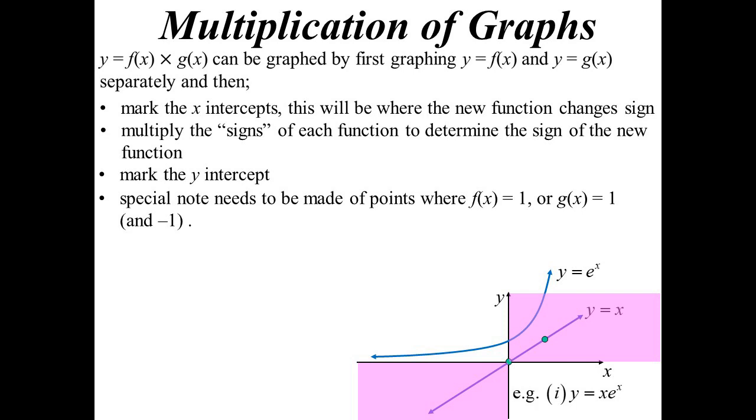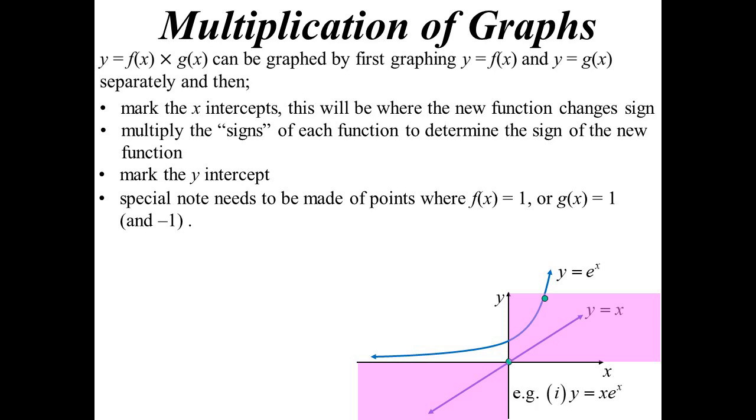Now these points are important, because when one of those functions is equal to 1, well if you multiply by 1, then you must be at the same point on the other function, because multiply by 1 you get the same thing. Let's say this is the point 1, 1, so that's where 1 is on that one. So if I multiply it by the e to the x, I would end up on the curve. So I get 1 times the value.